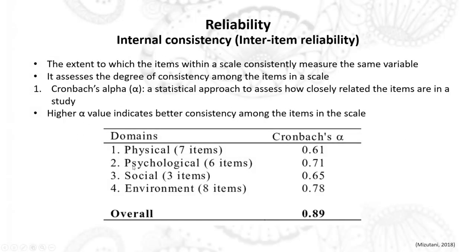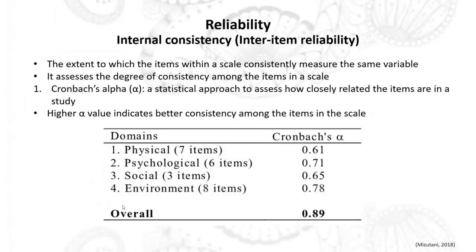See the example here. This is a study from 2018, and in this study, one of the dependent variables is quality of life. And this is a quality of life scale. For this quality of life scale, there are 24 items.